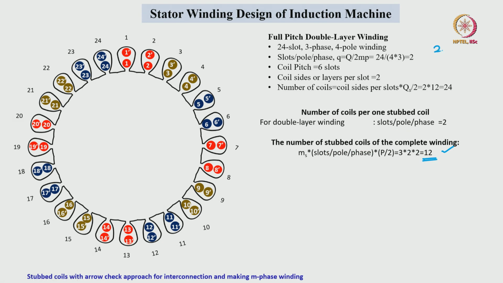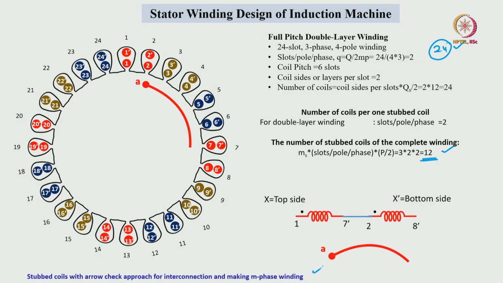Even though we have 24 coils in the machine, we will make 12 stubbed windings. These 12 stubbed windings only we will make the connections by utilizing the arrow representation. We can see here one stubbed winding, first coil related to the A phase or first phase with respect to our reference, second coil.